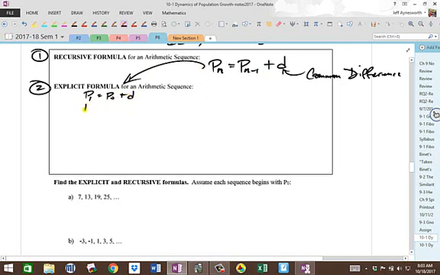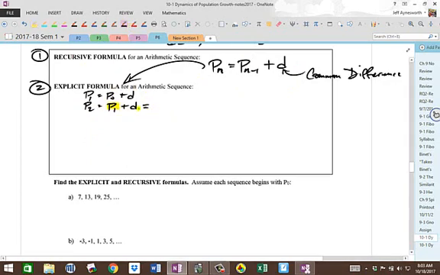So let's develop it. p sub 2 is equal to p sub 1, the previous term, plus the common difference, from the recursive formula. But I want to express each one, p sub 2, p sub 3, p sub 4, in terms of the seed. Right now it's not in terms of the seed; it's in terms of p1. But what is p sub 1? Well, this is found above by taking the seed plus d.